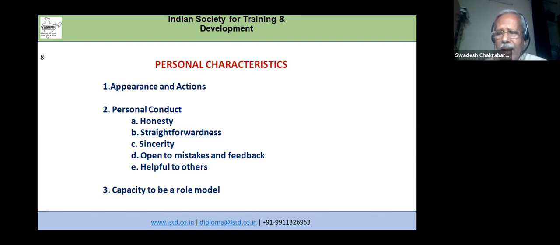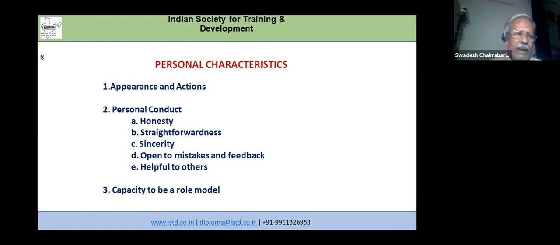He looks neat and clean, and his actions are positive, and that creates an impression in the minds of the people. So a trainer must be neat and clean, well clad, and must have actions which are positive, actions that really influence other people.